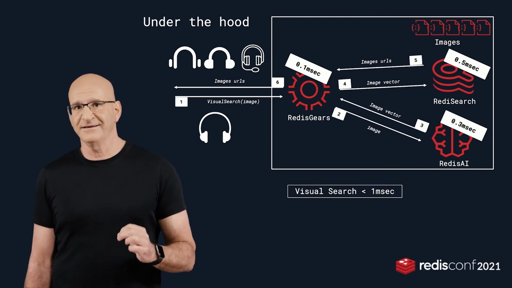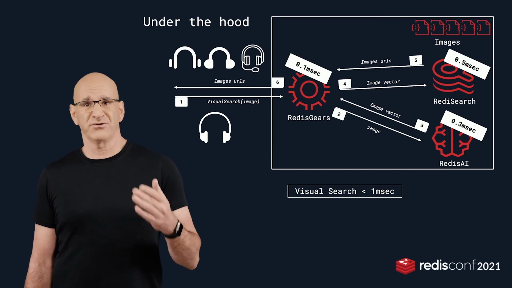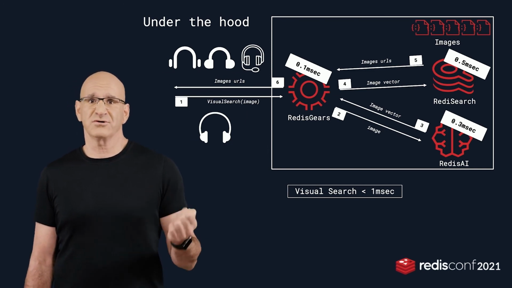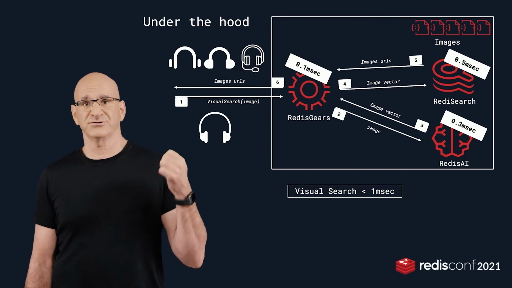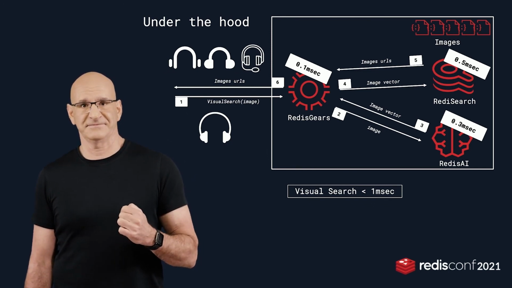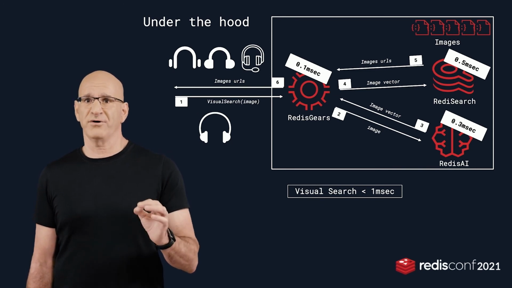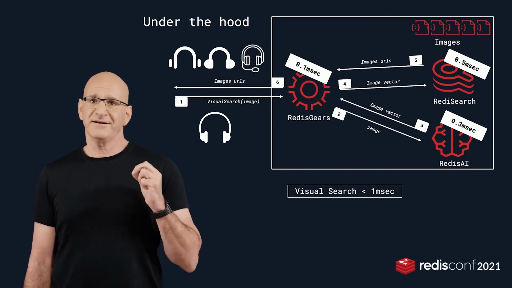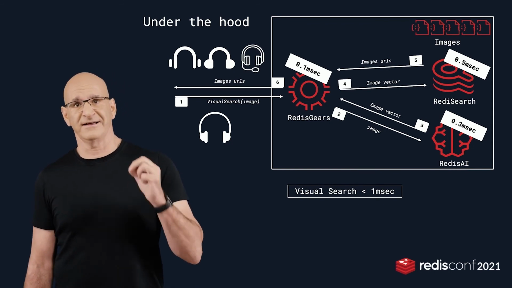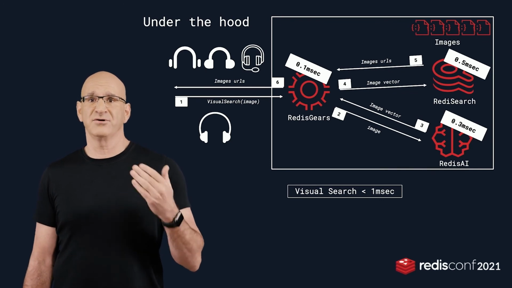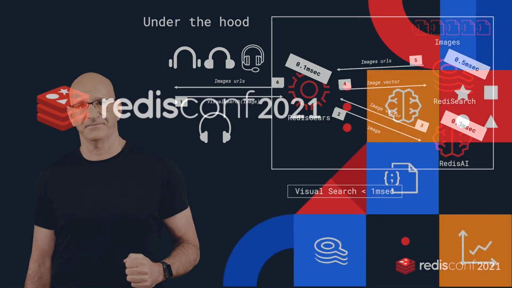And finally, the Gears function overhead is just around 100 microseconds. This brings us to a total processing time of 900 microseconds, so we are still under the millisecond. And this is how powerful Redis is for real-time AI use cases. Even after adding some non-trivial AI functionality to the stack, the processing time didn't go beyond a single millisecond.